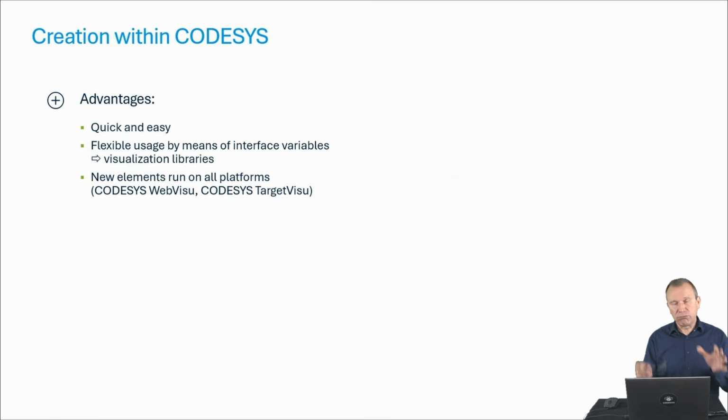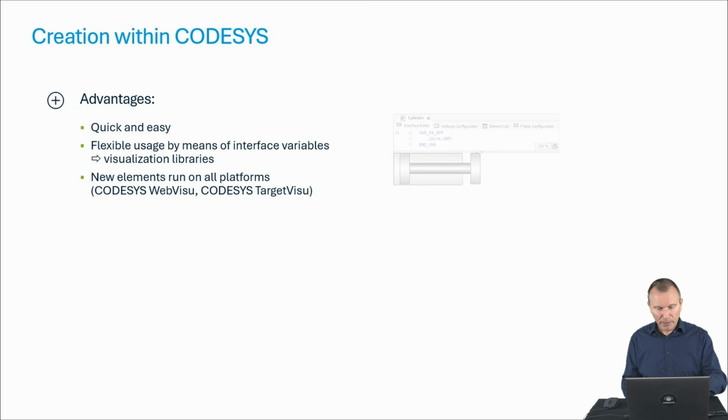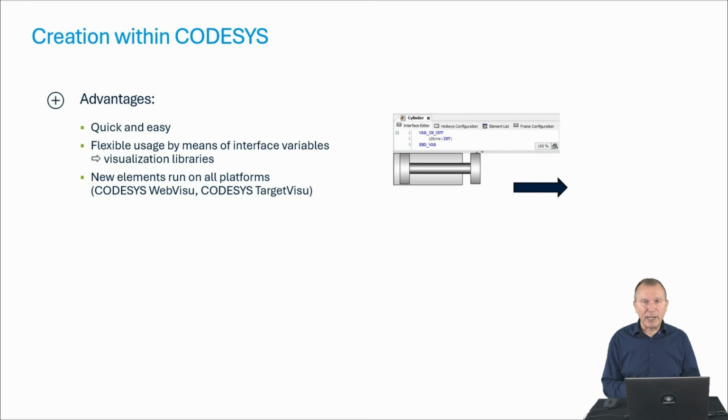Just a short summary of these two possibilities, or at least of the first one. Creating new visualization elements inside CODESYS has certain advantages. It's quite simple and easy and quick to use, and therefore I really like that personally. Just see an example that I've realized once myself, a very small cylinder which is moving left and right.